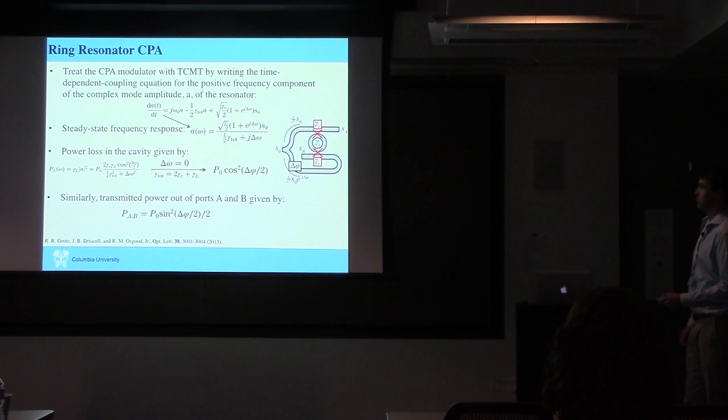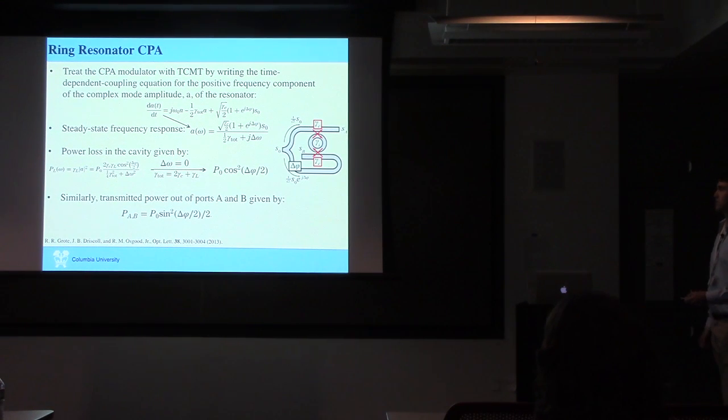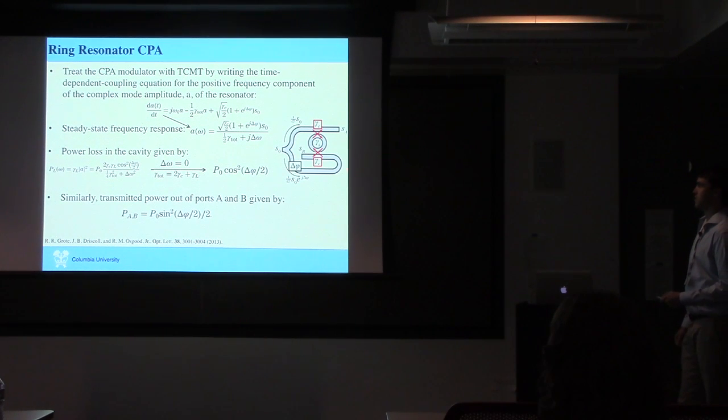So we used temporal coupled mode theory, and without going too far into it, we found that the power loss actually has a cosine squared transfer function, but the most important thing to note is that there are two conditions that you can achieve with coherent perfect loss. One is that it has to be on resonance of the ring resonator itself.